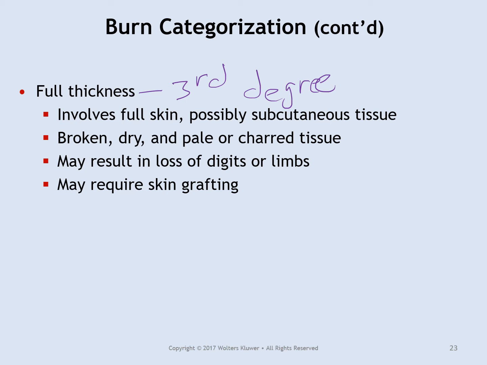Sometimes it will look sort of black and charred. With a third-degree burn, you may be looking at the possibility of losing digits, losing fingers or toes, or losing a limb because of the damage to the tissue and the damage to the skin. This also may require a skin graft if your patient has a really, really large third-degree burn.